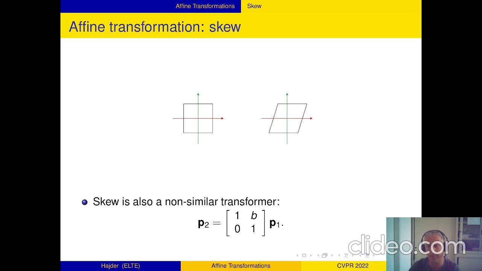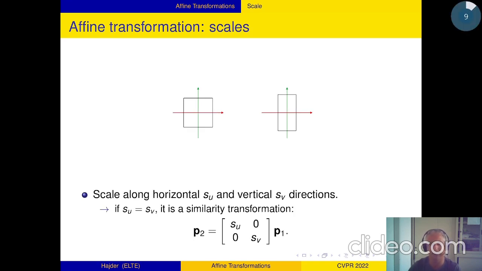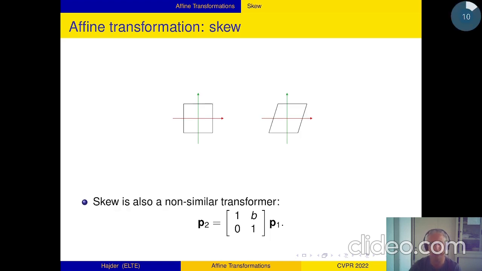And the last type of affine transformation is the skew. For the general scale, the square is transformed to a rectangle, and if skew is applied, in that case the square can be transformed to a rhombus.